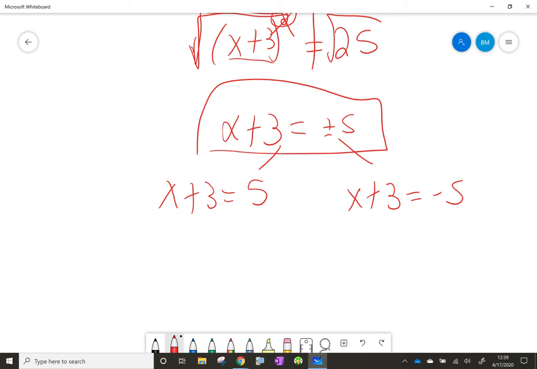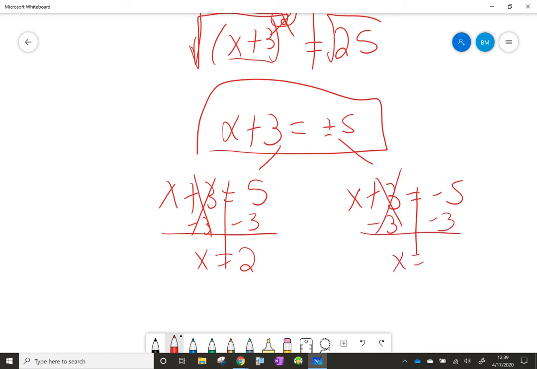To make this even more confusing, we've now made two equations. But after that, it's really easy to solve for these two answers. You just subtract the 3. Let's solve one at a time. Subtract the 3 here. We'll have x equal to 5 minus 3, which is 2. And on the other side, when we subtract the 3 to cancel it out, we're going to have x equal to negative 8. So we have these two values as our answer: 2 and negative 8.